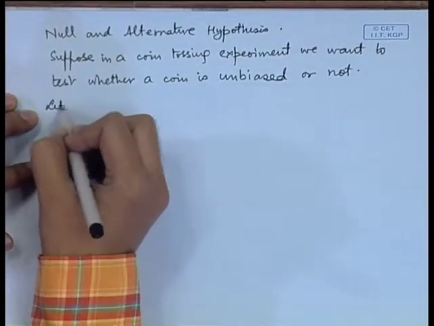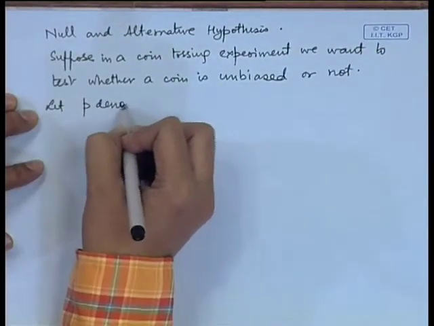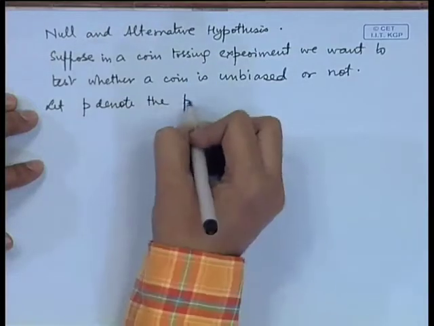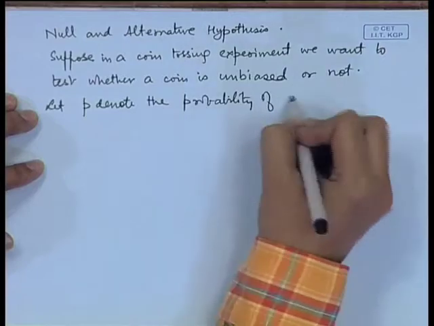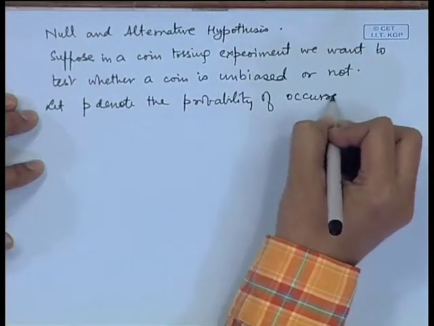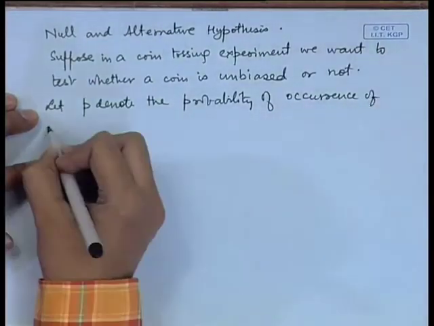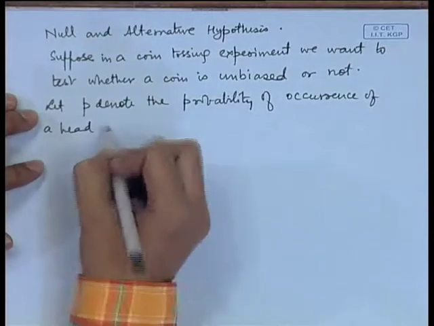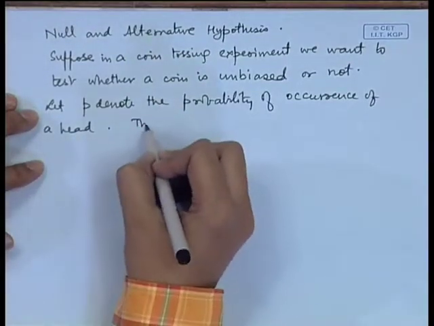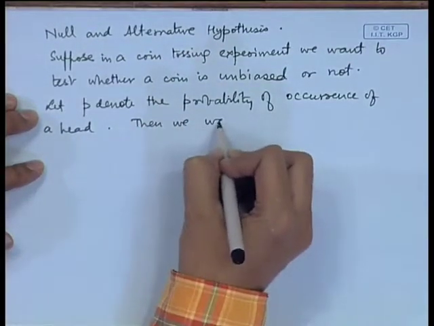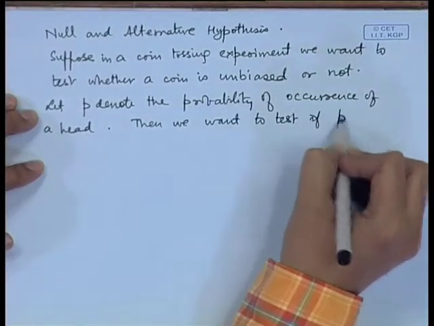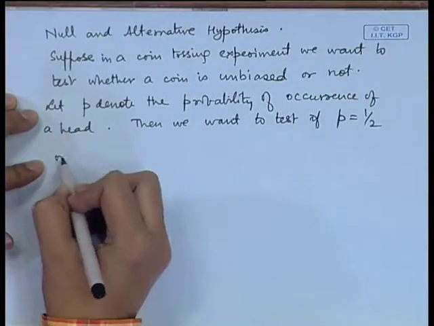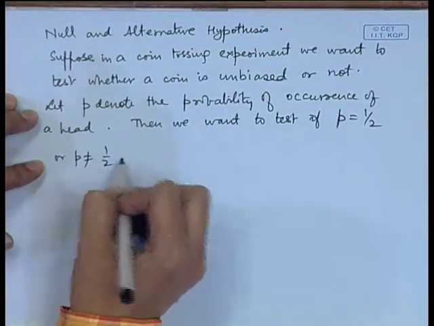So, let p denote the probability of occurrence of a head. Then we want to test if p is equal to half or p is not equal to half.